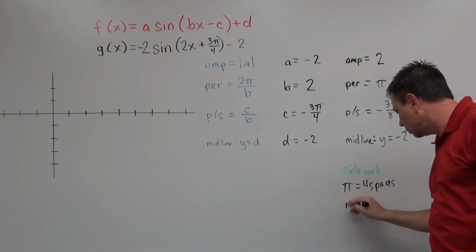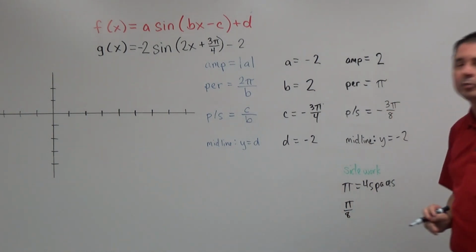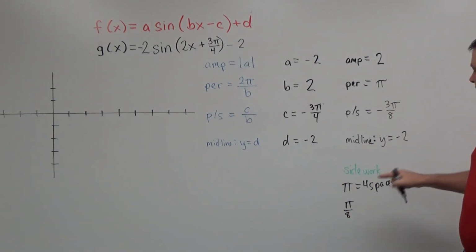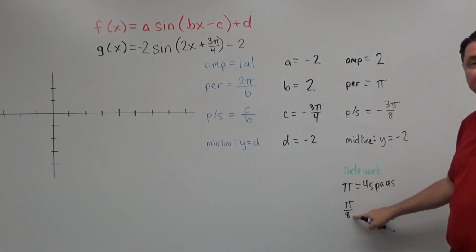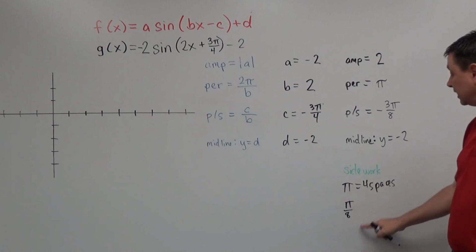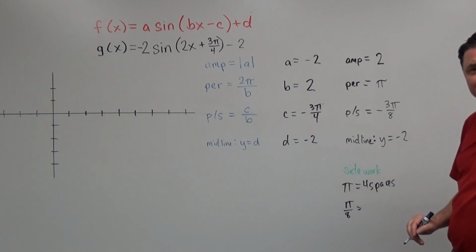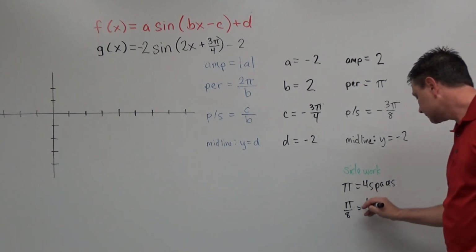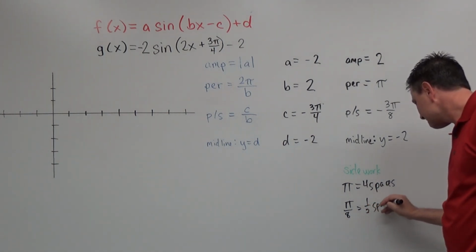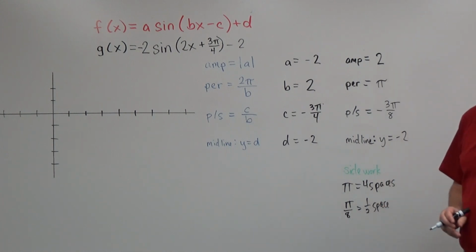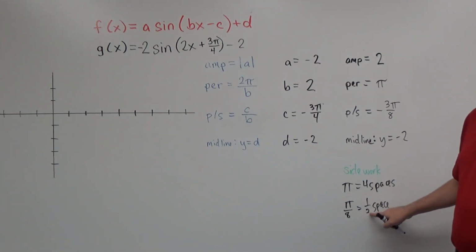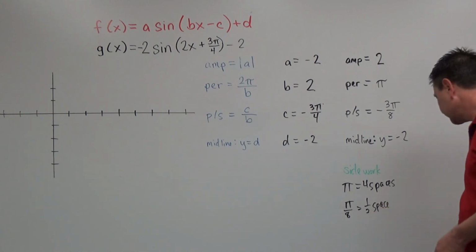I need to know how many spaces 1 pi over 8 is. So to get from pi to pi over 8, I need to divide by 8. And if I divide this by 8, 4 divided by 8 is 1/2. So that didn't work. I don't want to have a fraction. It has to be a whole number. So it did not work.